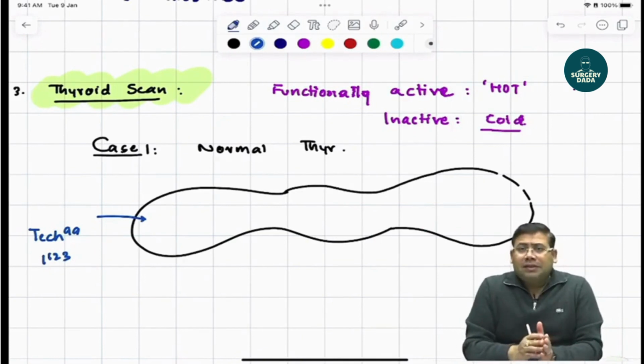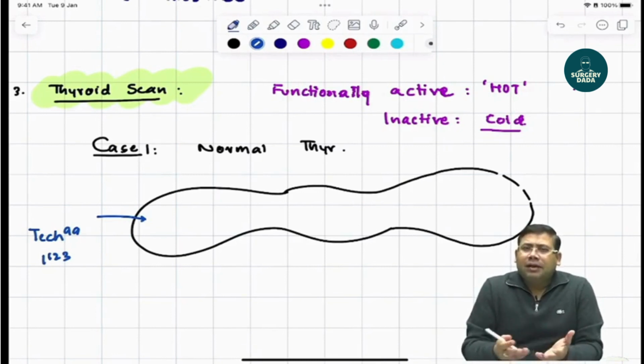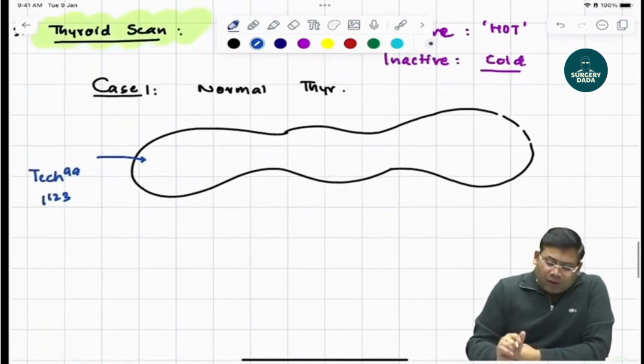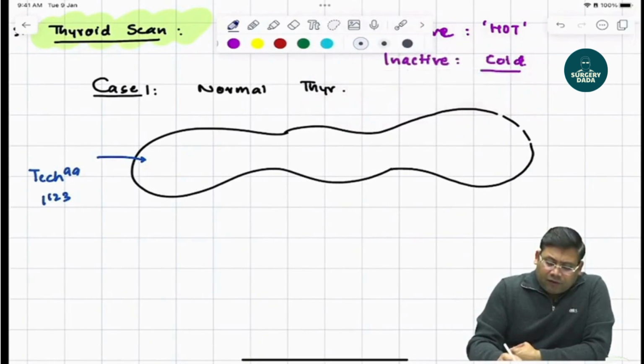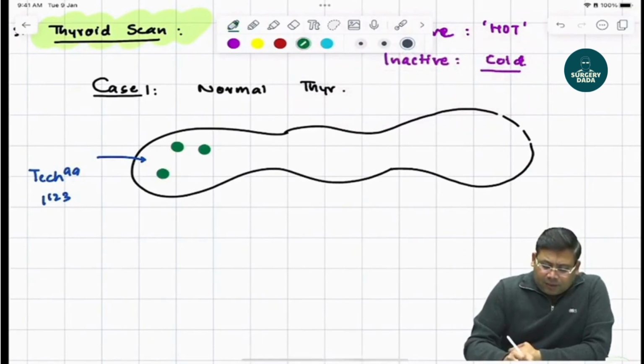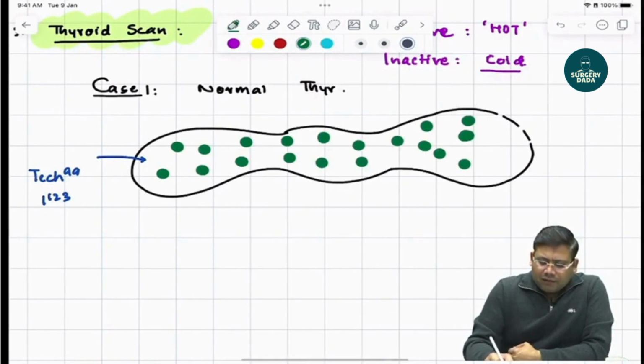But iodine, since it's iodine, gets organified and it results in radioactive thyroglobulin combining with this and resulting in radioactive T3 and T4. Anyways, leave it. Try to understand one very important thing. So this is a normal gland. When we talk about a normal gland, everywhere the uptake will be there. All the follicular cells will have some uptake.